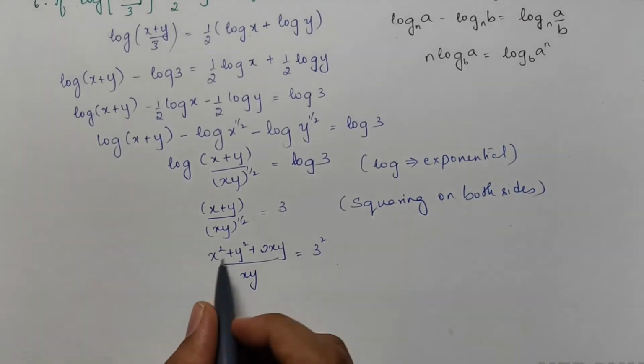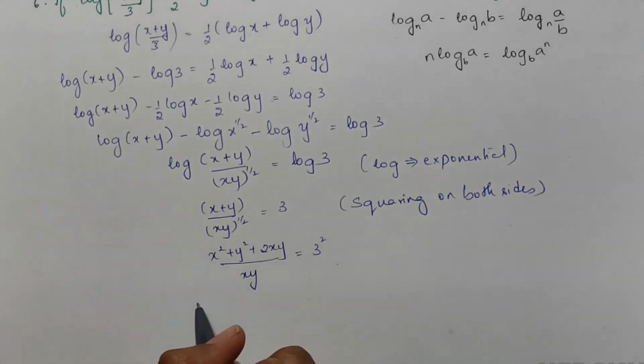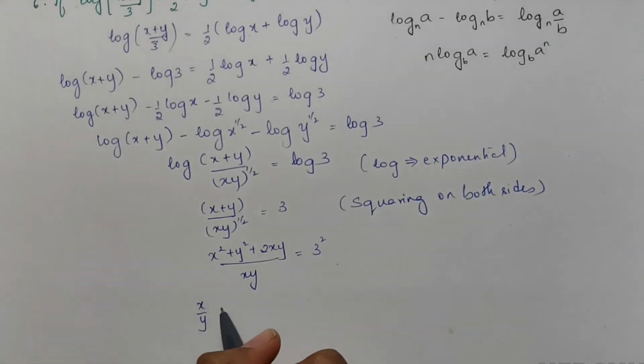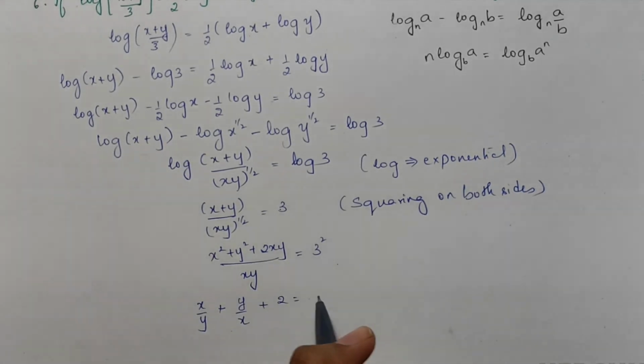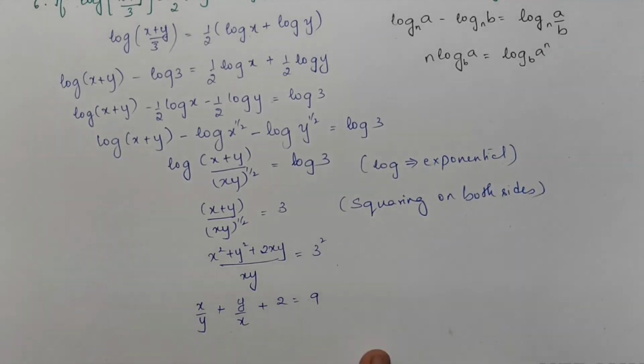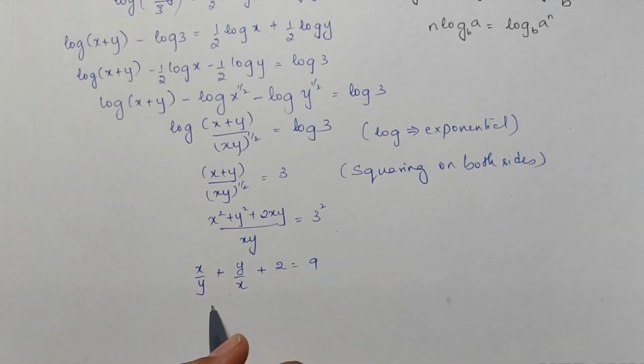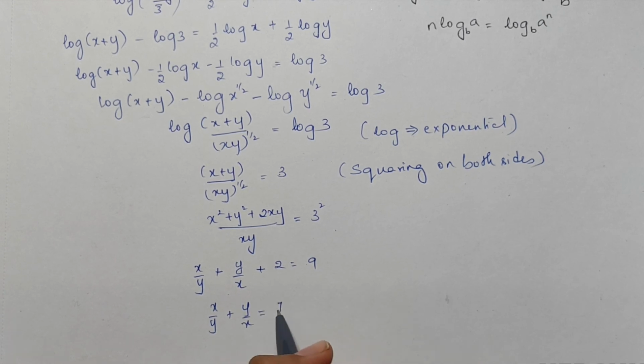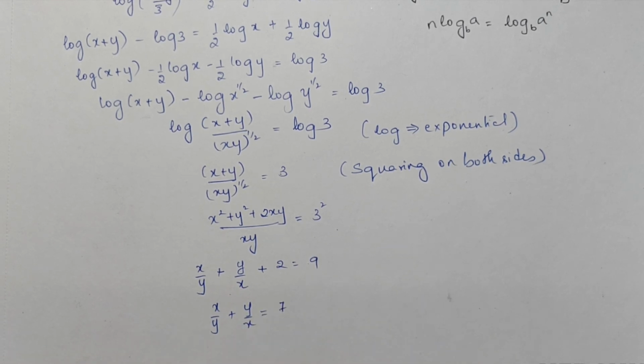When I split the terms on the LHS, I would have x by y plus y by x plus 2 equal to 9. X by y plus y by x is equal to 7. That is our final answer.